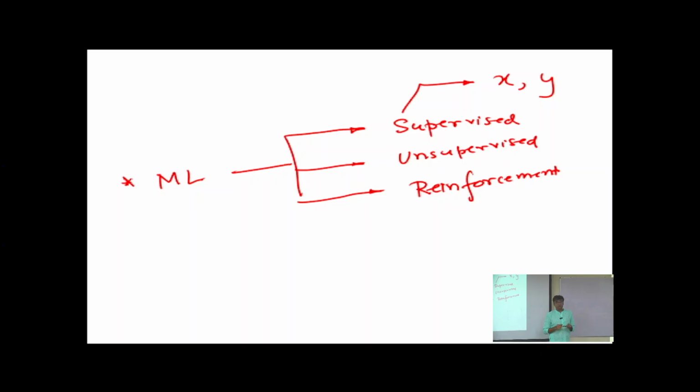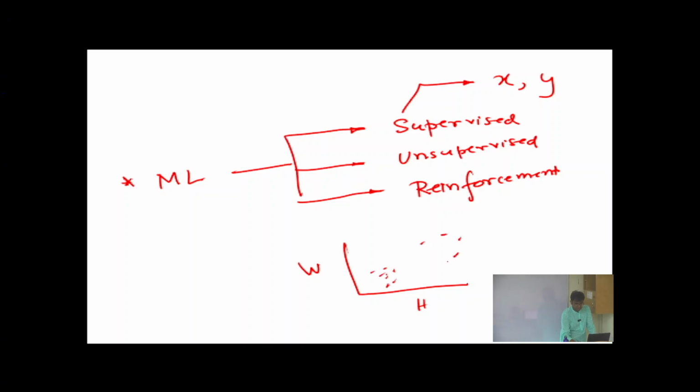You might want to make clusters out of it. Let's say this is height, this is weight, and you might have clusters like this. So if you plot it, you might get data sets which are clustered in that manner.